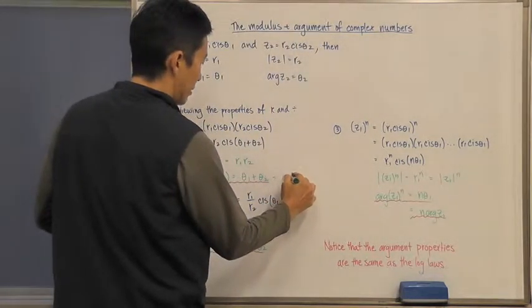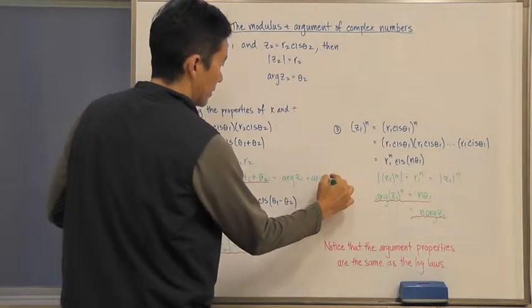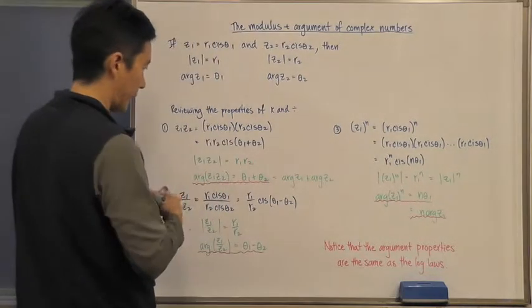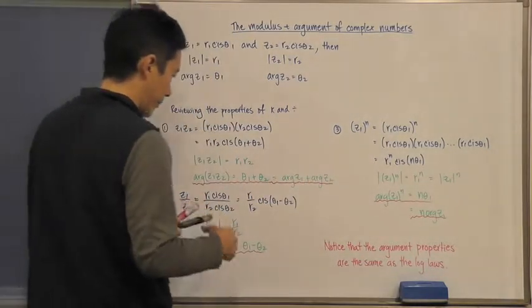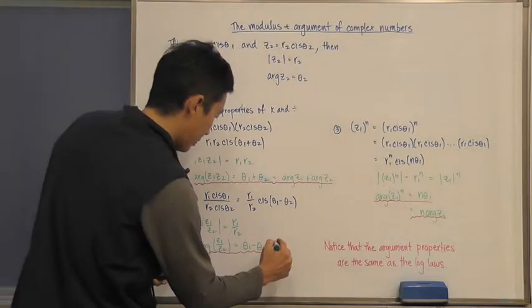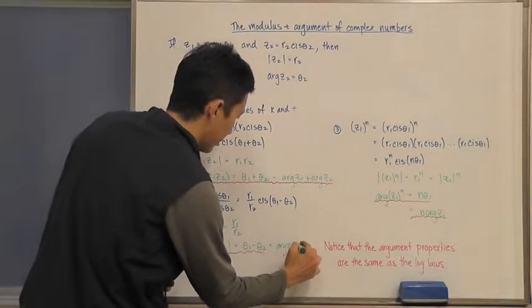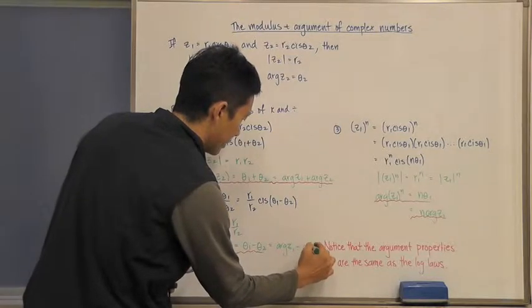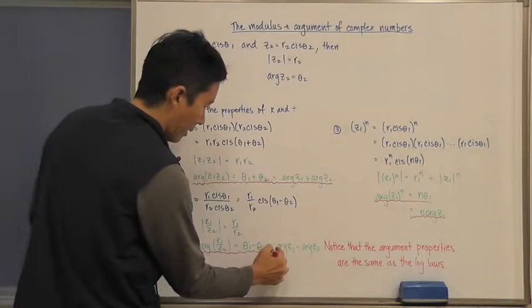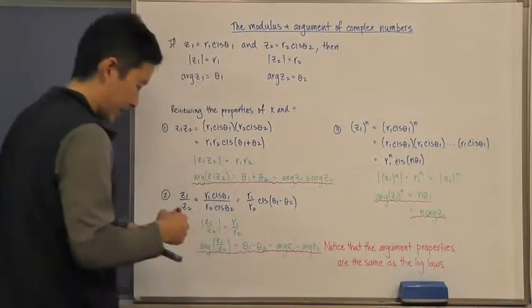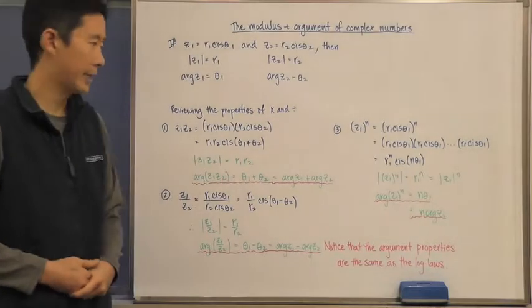This is just going to be equal to the argument of z sub 1 plus the argument of z sub 2. Now that looks a little more like the logarithm law that we know. And this one is going to be equal to the argument of z sub 1 minus the argument of z sub 2. Okay, so now this one as well looks much more like the logarithm laws that we know and are so familiar with.